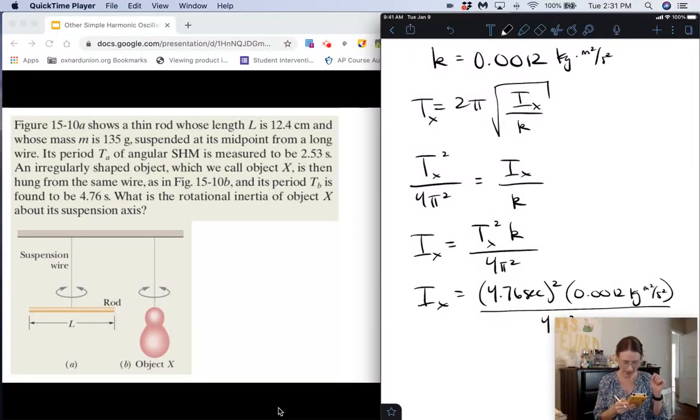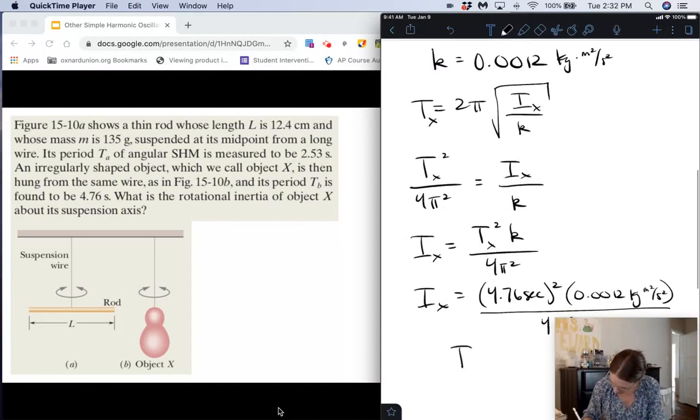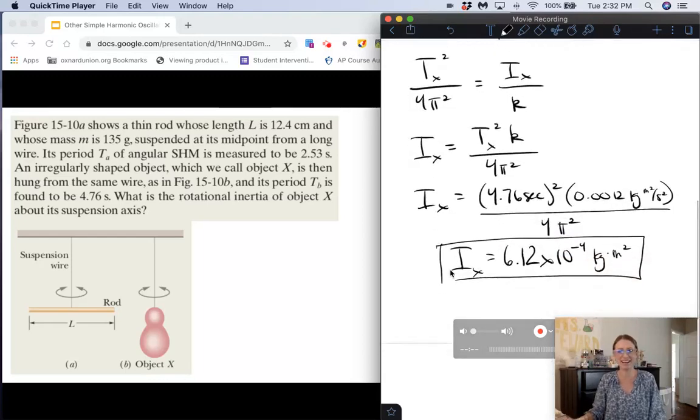I still have kappa in my calculator, so I'm just going to multiply that by 4.76 squared, and then divide that number by 4 times pi squared. And I get rotational inertia for object X is equal to 6.123, so about 6.12 times 10 to the negative 4 kilograms times meters squared.